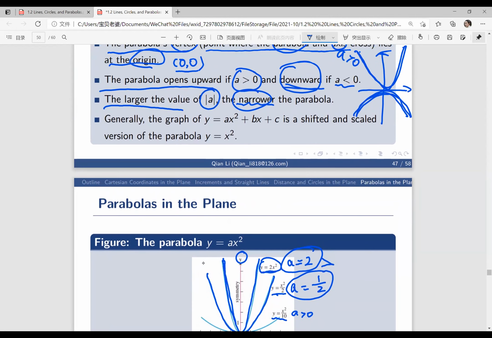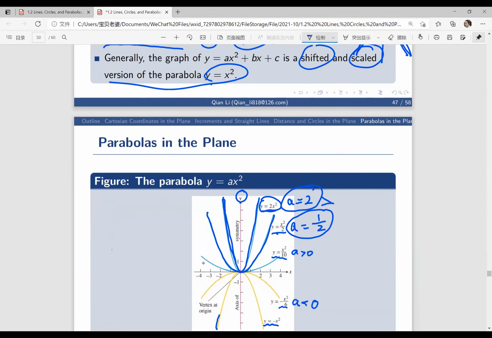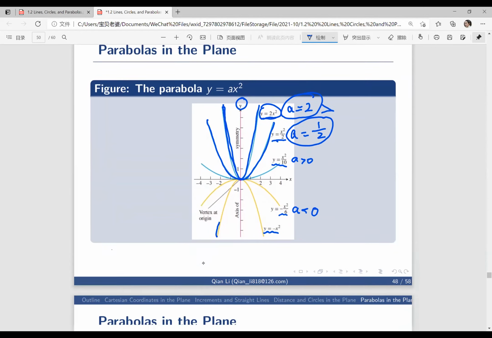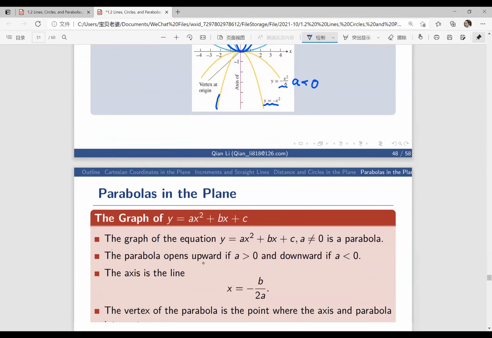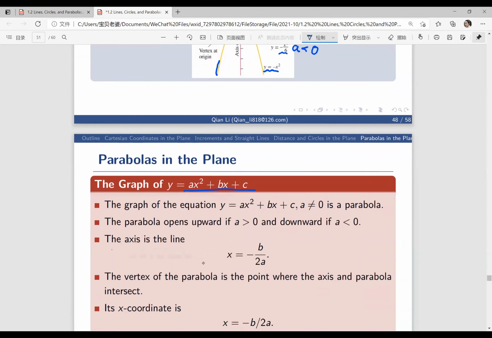And in general, the graph of y is equal to ax squared plus bx plus c is a shifted and scaled version of the parabola y is equal to x squared. Okay, let's see the following properties of the parabola's graph. The graph of y equal to ax squared plus bx plus c.